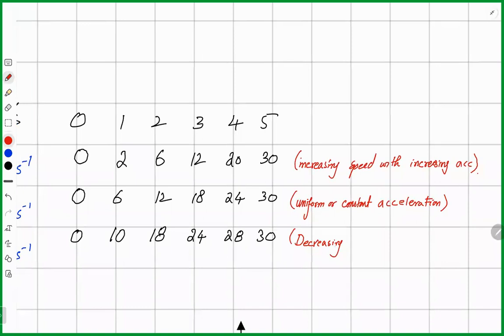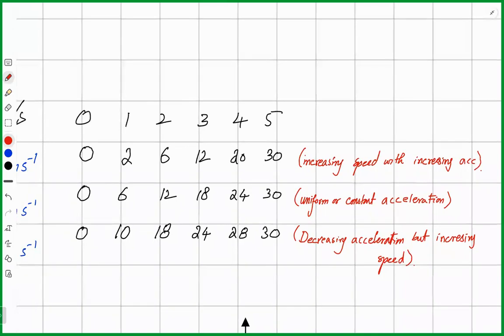And the last one is decreasing acceleration, but increasing speed. So if you pay attention, you will find in the last one, although the speed is increasing, but how much speed increases in a unit amount of time? That is decreasing. So this will be a case of increasing speed with decreasing acceleration.